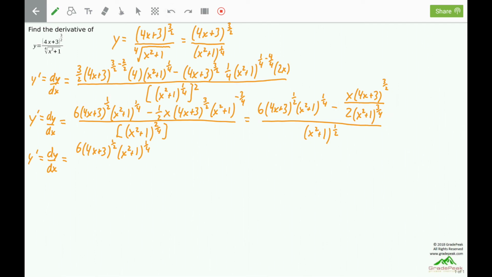We're going to multiply this by 2 times (x squared plus 1) to the 3/4 power over itself, so that we produce a common denominator between this and the other fraction that is in the numerator.